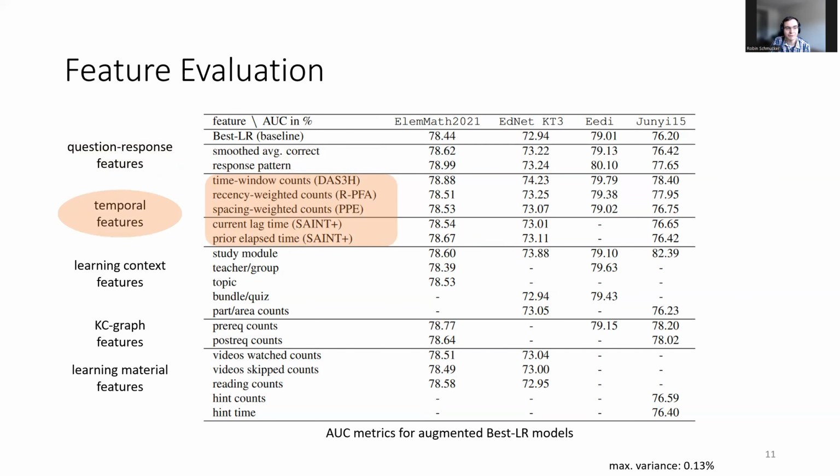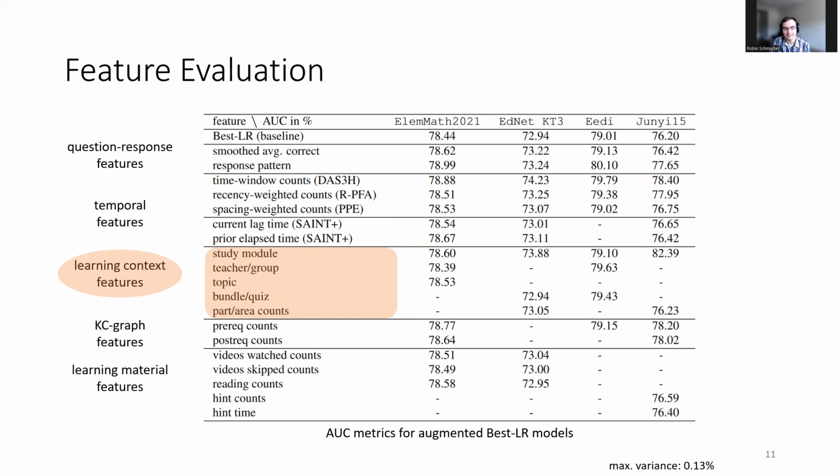Then additional temporal features are current lag time, which measures the time since the last student response to the start of the next question, and prior elapsed time, which measures how long a student requires to answer the previous question. We then looked at different learning context features, some of which are more beneficial than others.